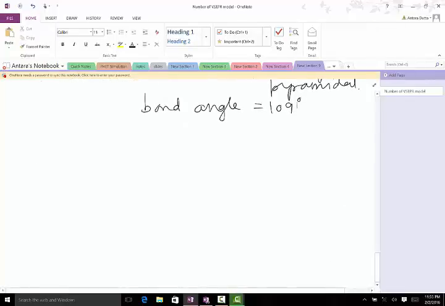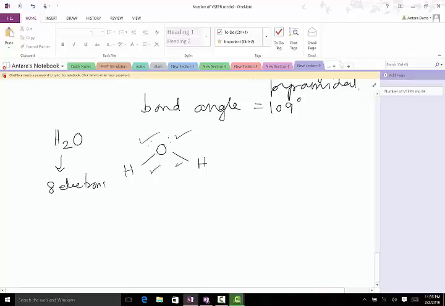Now if we think about water, water has 2 lone pairs, surrounding hydrogen. So water also needs 8 electrons in its structure, and 4 electrons are consumed in forming the bonds, so the extra 4 electrons are on the oxygen atom as lone pairs. So that means how many electron groups does it have? 1, 2, 3, and 4.